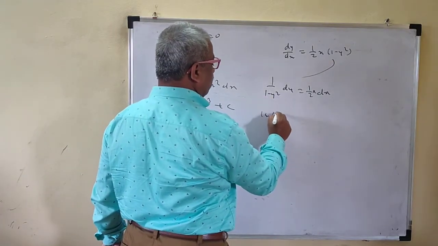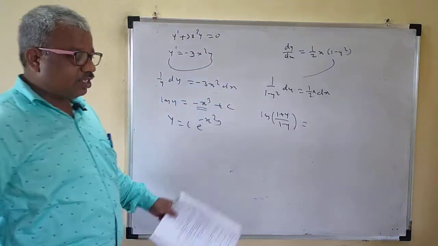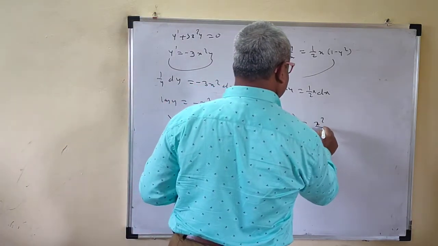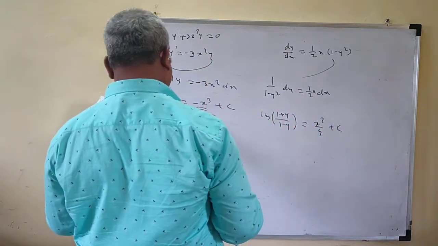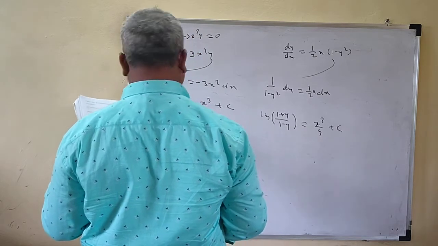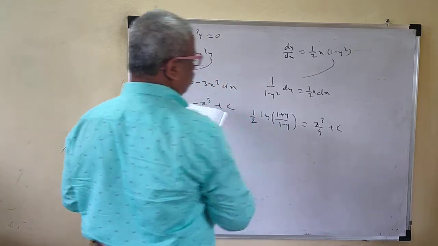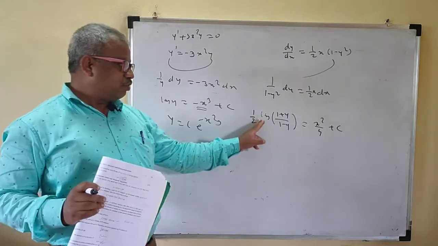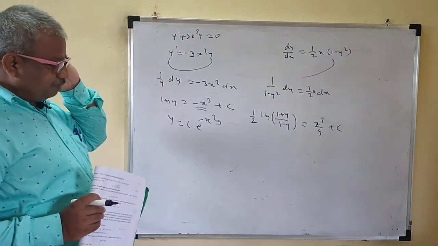The integration of this gives log of 1 plus y upon 1 minus y, with the factor 1 by 2, equal to x square by 4 plus c. So the formula for this is 1 by 2 log of 1 plus y upon 1 minus y.